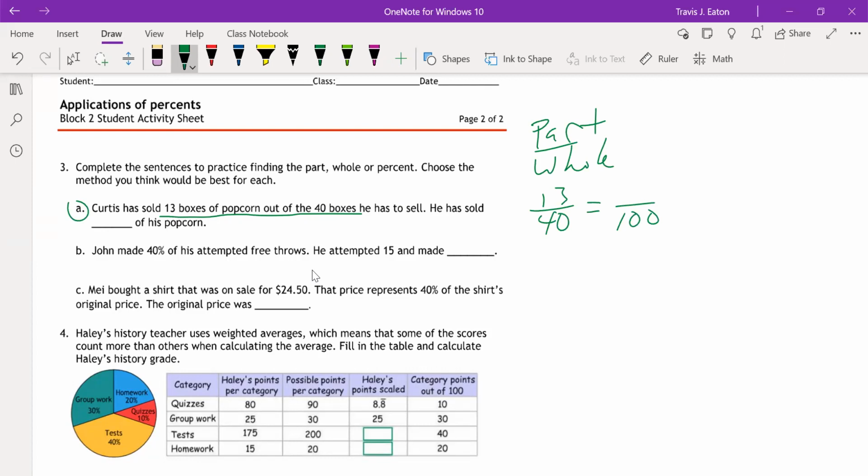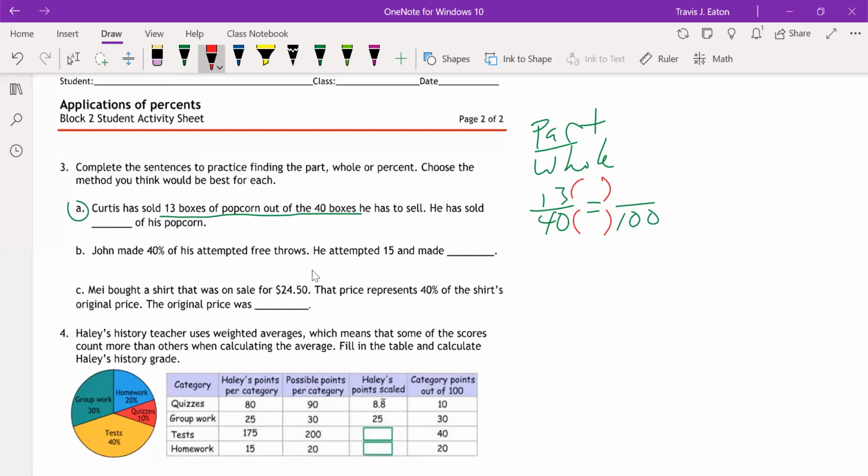So a way to look at that would be to ask, how do I take 40 and make it 100? What do I have to multiply 40 by to make 100? Because I'm going to multiply my top one by that same number.